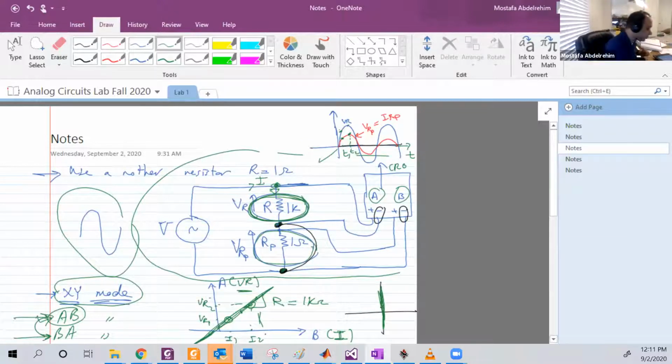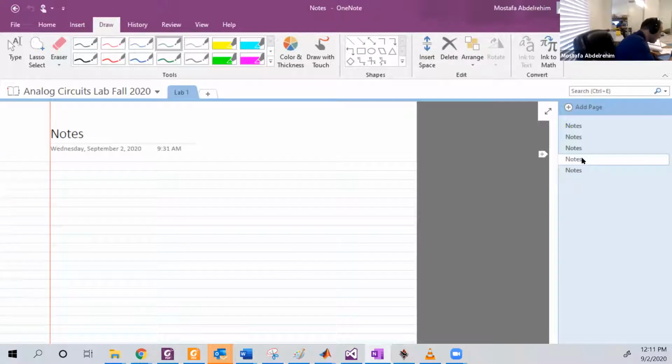So let's go to another page here. We have the same stuff. You have this R equal to 1 kilo ohm, 1000 ohms, and you have this RB as usual, which is 1 ohm.